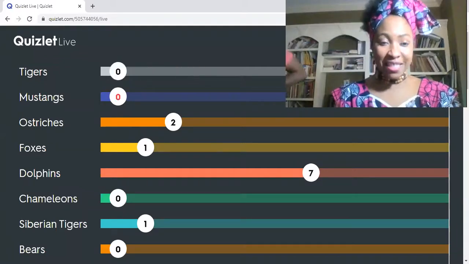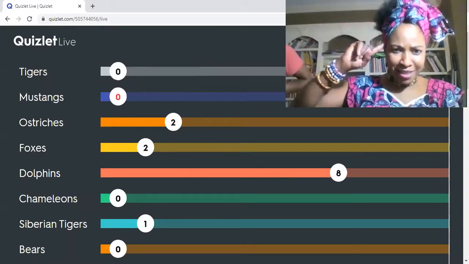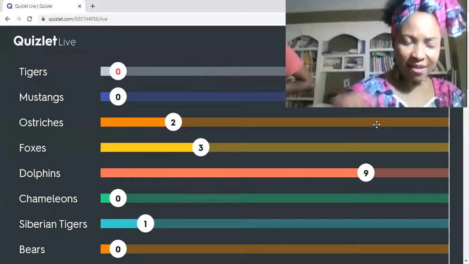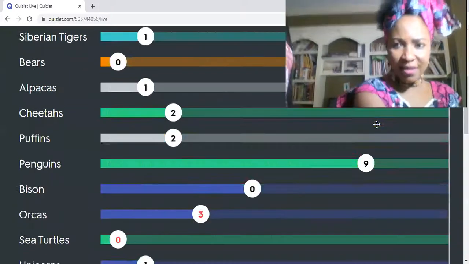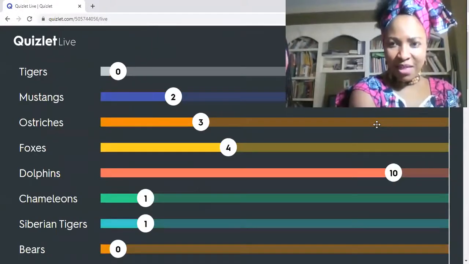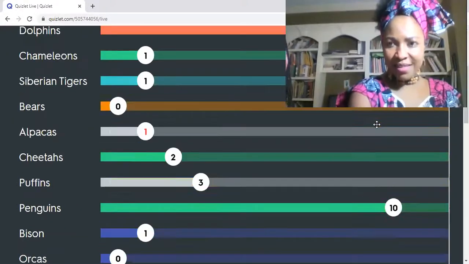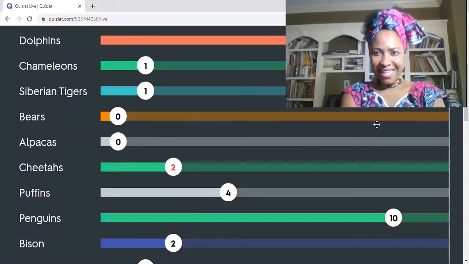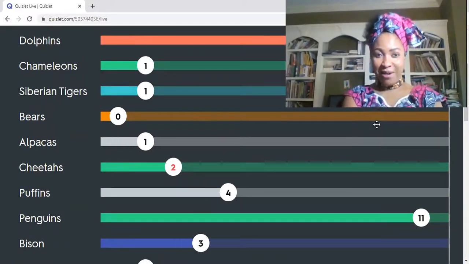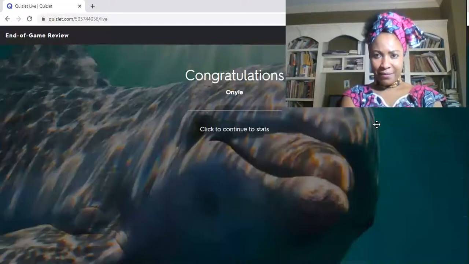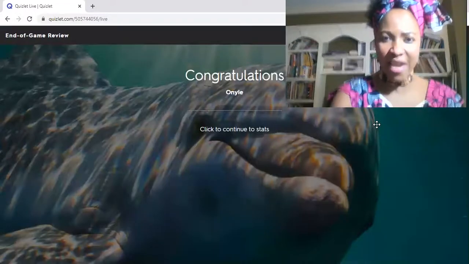Wow. Dolphins are leading. So who is the one bouncing back? Oh, whoa. We're gonna have a winner soon. Ah, see Dolphins. Wow, who? The Penguins. Okay. Yay, we have a winner.